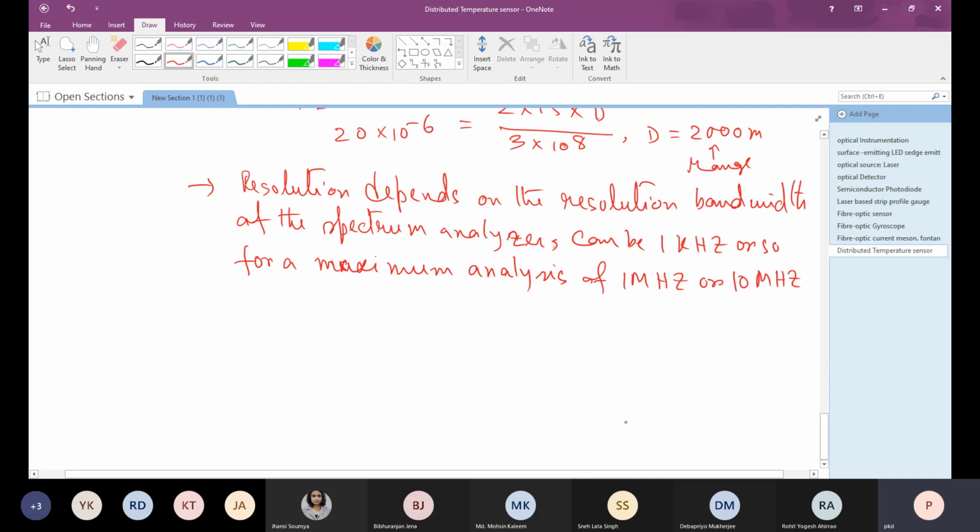Now the advantage of this OFDR is better resolution.